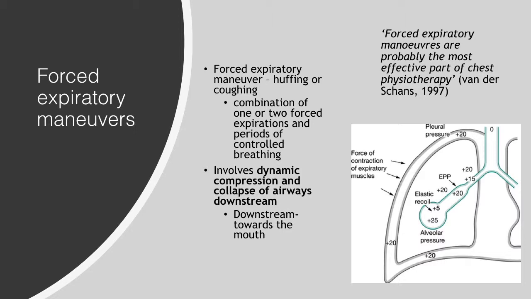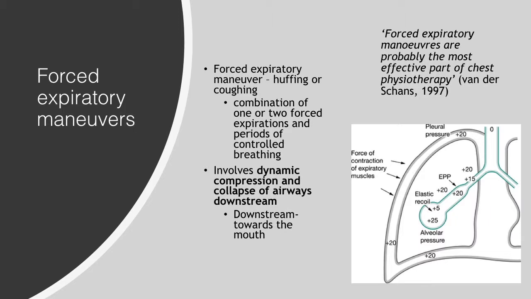So, what happens during these forced expiratory maneuvers, being either a cough or huffing, which is similar, there is a dynamic compression and collapse of the airways downstream. So, what that does is effectively pulls mucus or secretions towards the central airways.